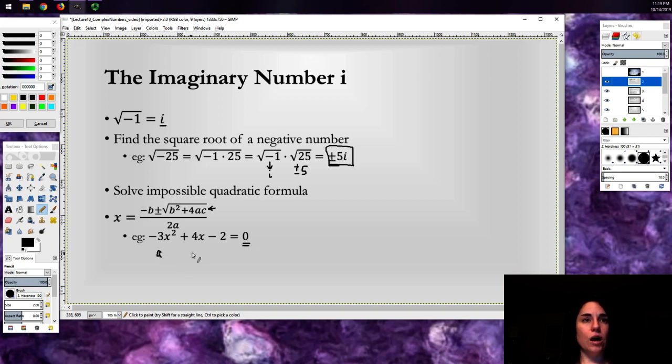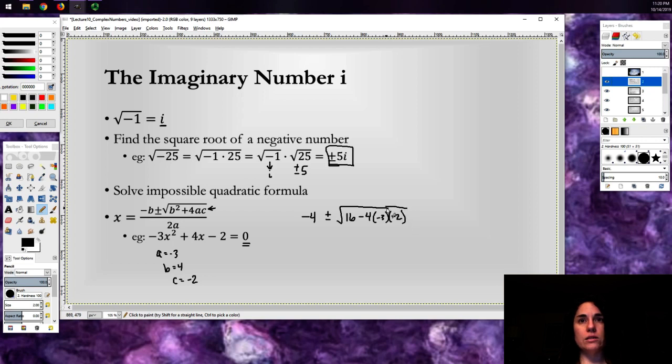If I tried to solve this, a equals -3, b equals 4, and c equals -2. Let's plug this into the quadratic formula here. So -4 plus or minus the square root of 4 squared, which is 16, minus 4 times a, -3, times c, -2.